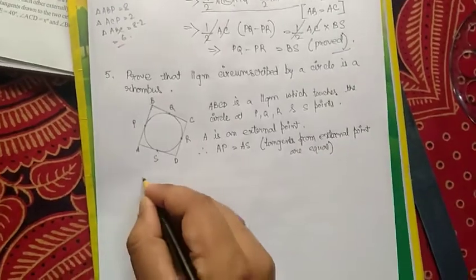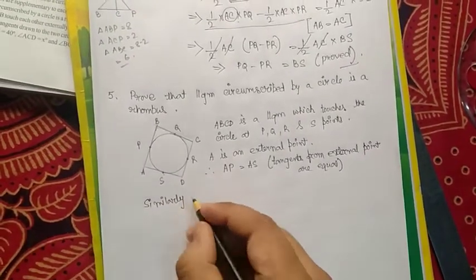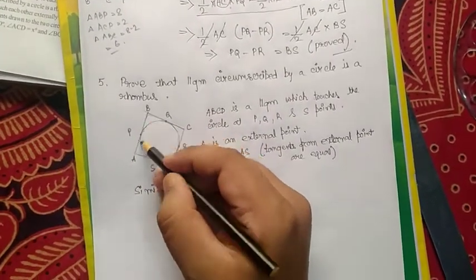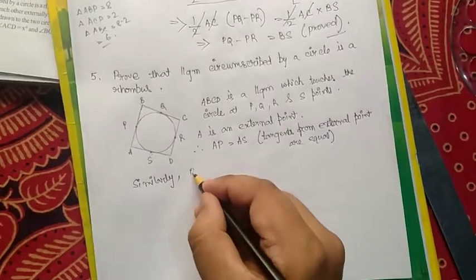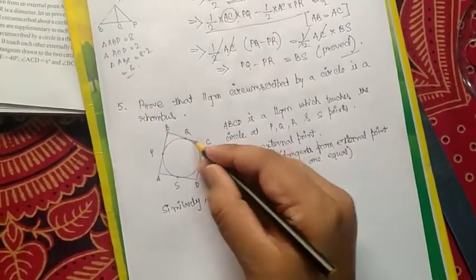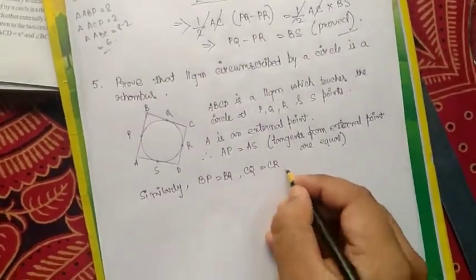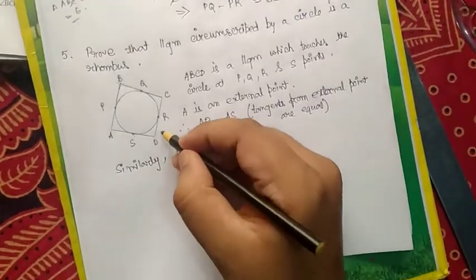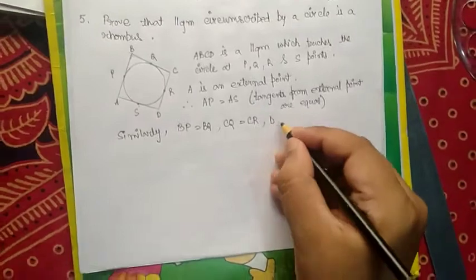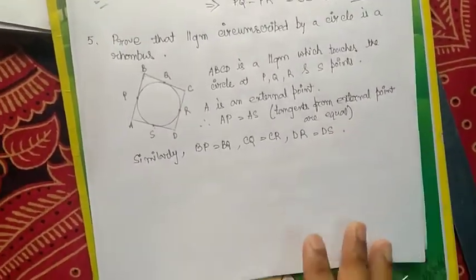Similarly, we can say that from B, BP equal to BQ, from C, CQ equal to CR, and from D, DR equal to DS.